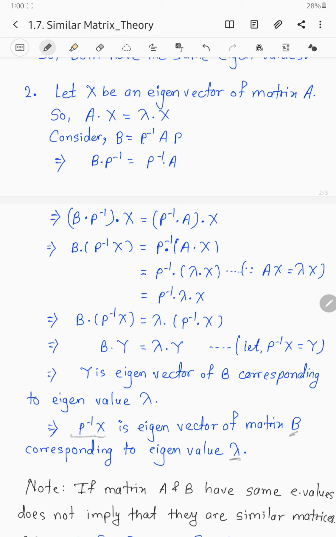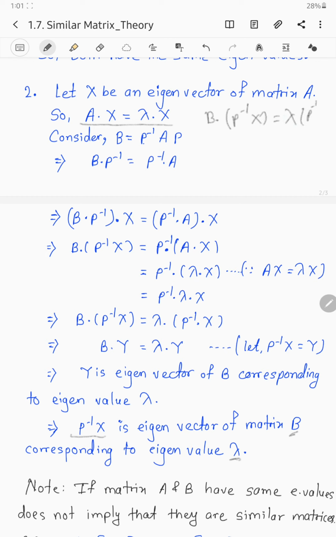So I write down, x is an eigenvector of A, so I have Ax equal to lambda x. Now I have to show that for the similar matrix B, the eigenvector is P inverse x and the eigenvalue is lambda.